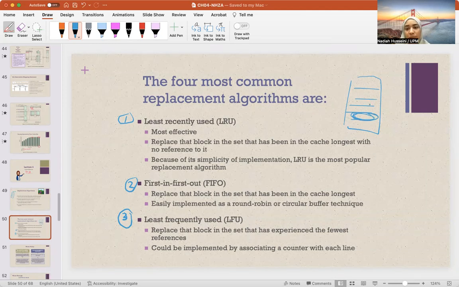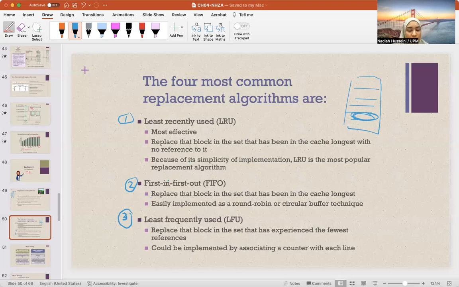If the memory has been there for a long time, but it keeps getting called by the CPU, then this is not the least recently used. You would only replace it if the CPU does not call it for the longest time.